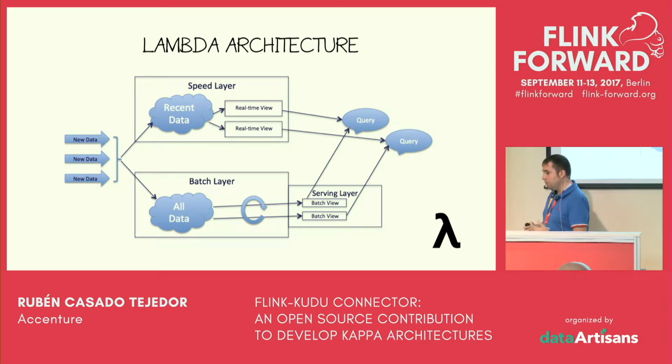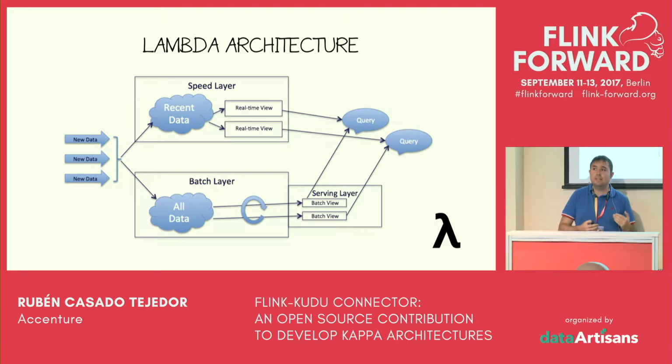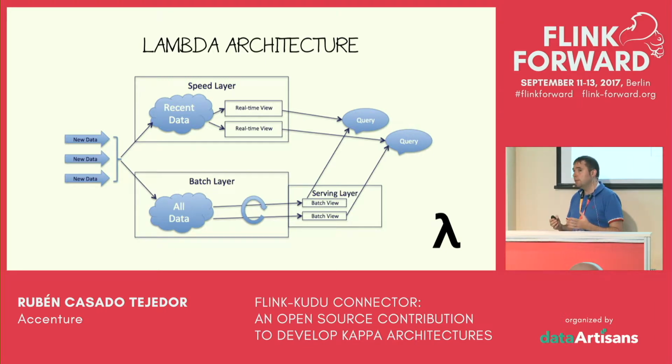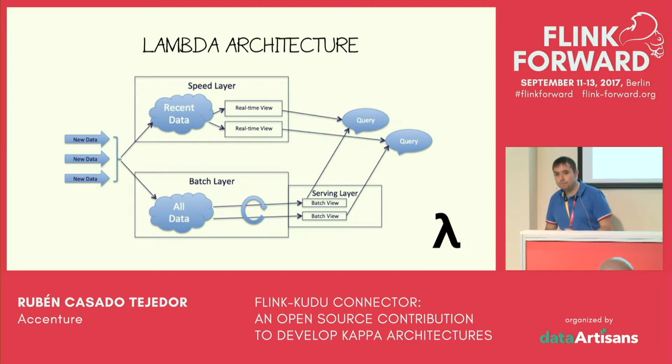Well, something that we have to take into account when we are analyzing this system is that it was defined in 2011. So in those days, the batch processing technologies, HDFS, Hadoop, and so on, were very good, production-ready technologies. But the streaming technologies, basically S4 from Yahoo and Storm, were not as powerful as they are today.